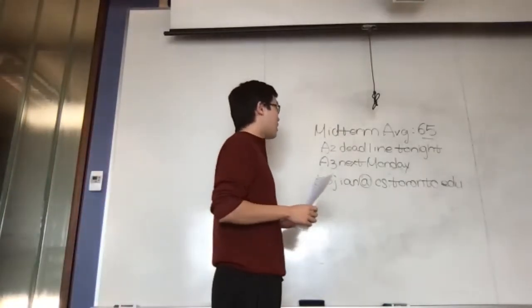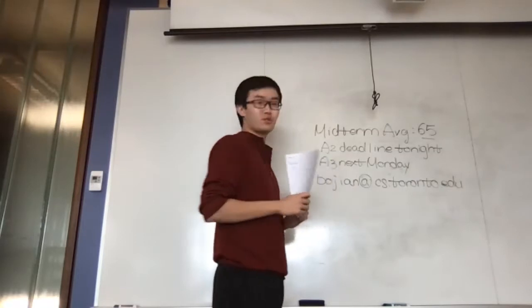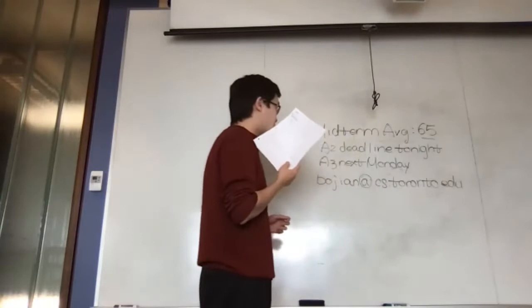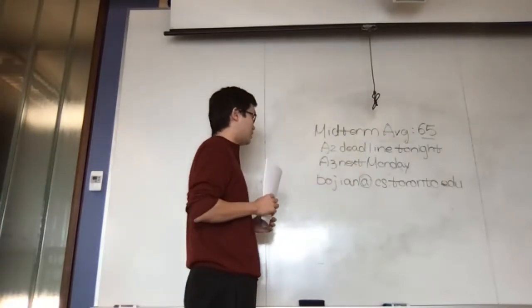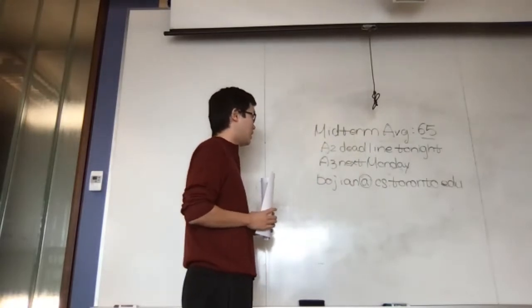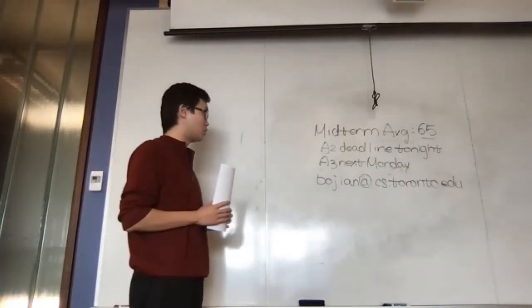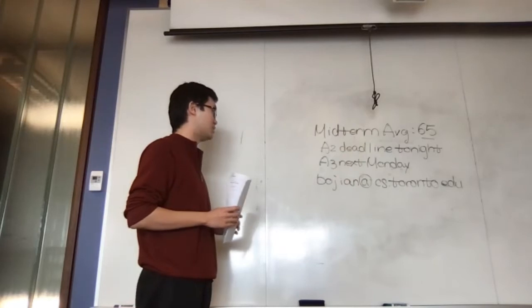The midterm marks have been posted and the average grade is 65. It's just a reminder that we have the deadline for assignment 2 tonight, and assignment 3, which will be on loop invariant code motion and register allocation, will be released next Monday.